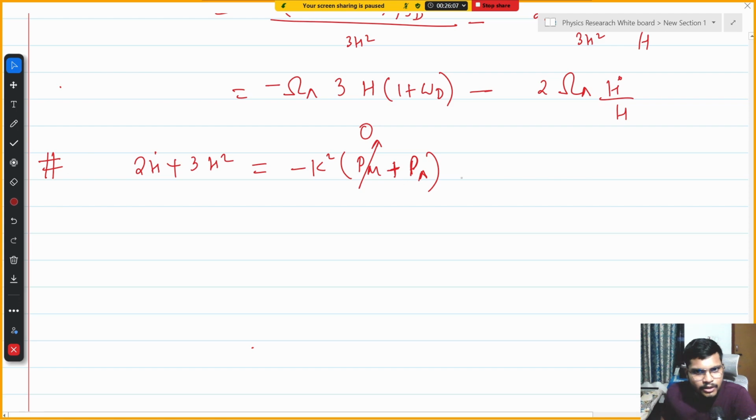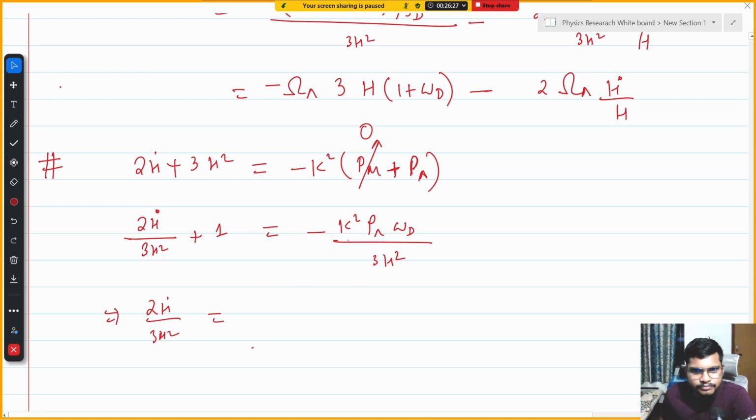Dividing everything by 3H squared, 2H dot over 3H squared is equal to minus kappa squared p lambda, which I can write as rho lambda w d over 3H squared, whatever you want to use. So 2H dot over 3H squared is equal to minus omega lambda omega d minus 1, right? Taking the minus outside, 1 plus omega lambda omega d. Now I know what my H dot over 3H squared is.